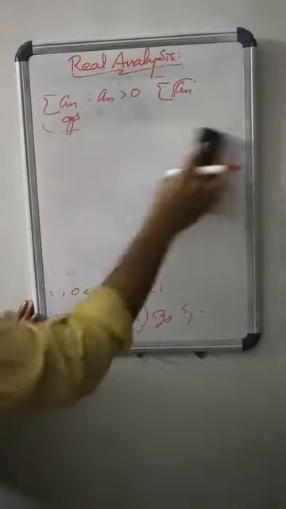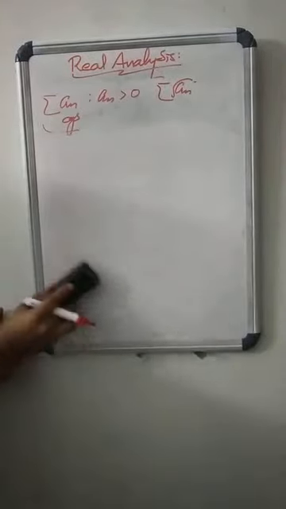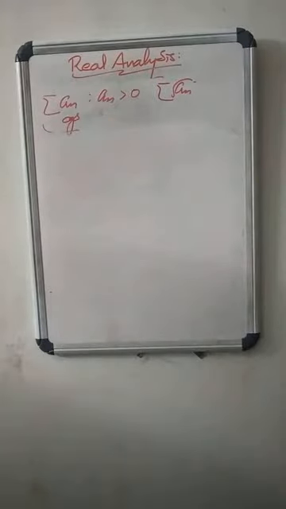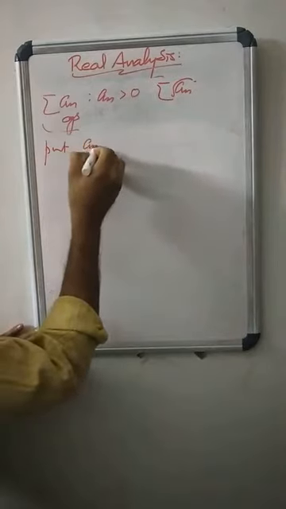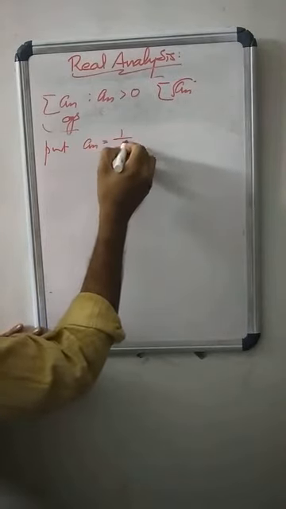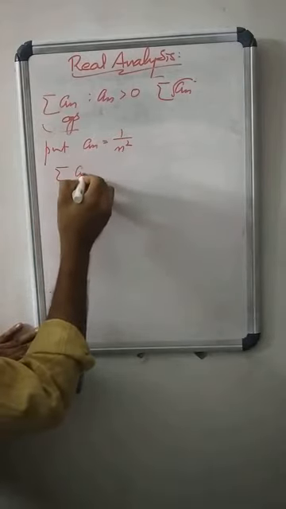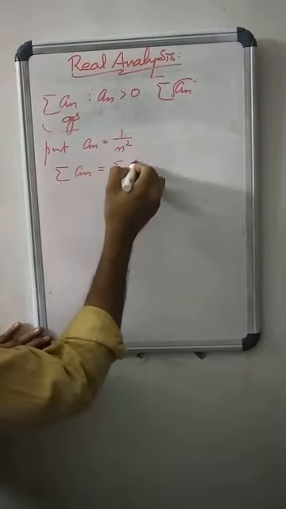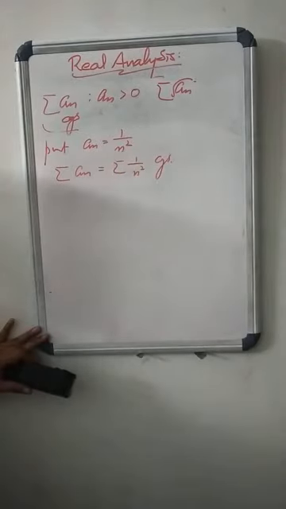That's an important result. See, sigma a_n converges, then limit a_n equals 0. But put, for example, a_n equals 1 by n squared. Clearly we know that sigma a_n equals sigma 1 by n squared, so it converges. Agreed?